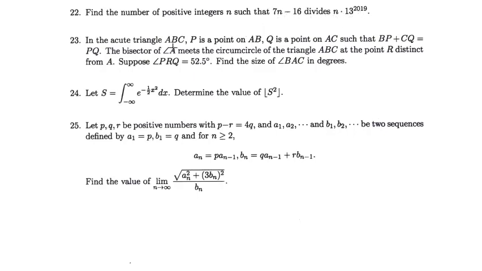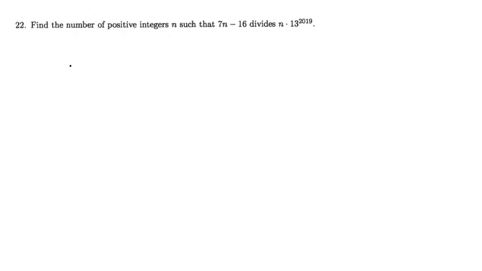Okay, so let's use divisibility. 7n minus 16 divides n times 13 to the power of 2019.